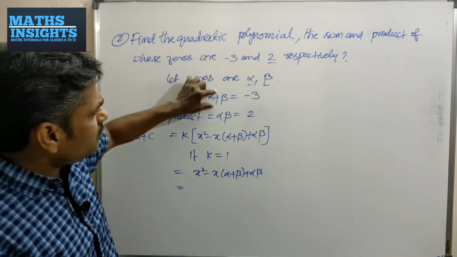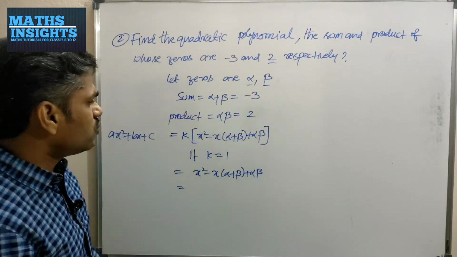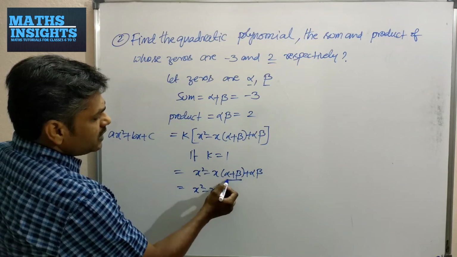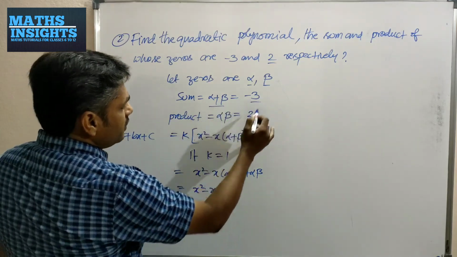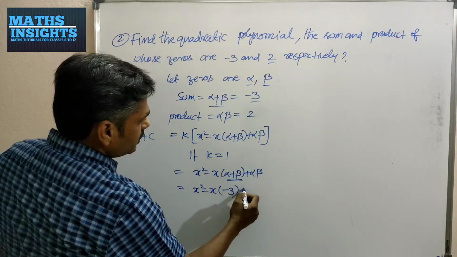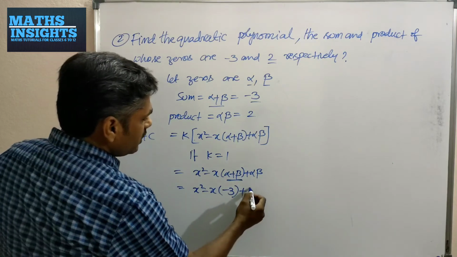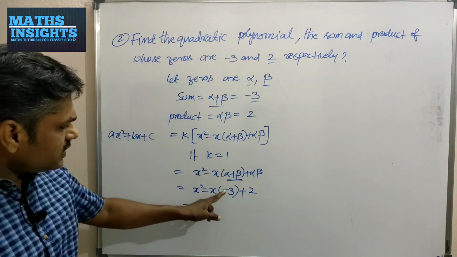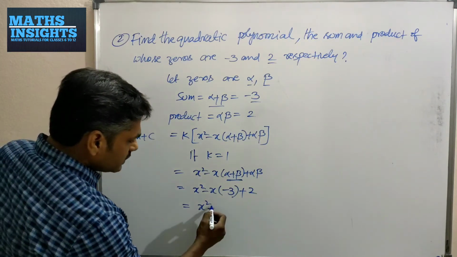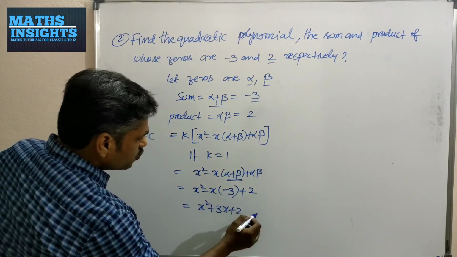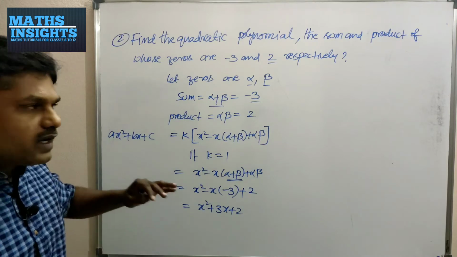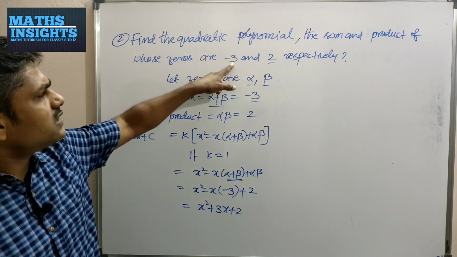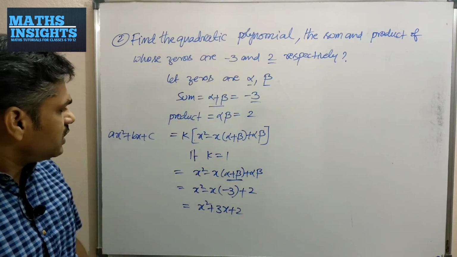Substitute the sum of the roots, minus 3, and alpha into beta, which is 2. So x square minus, minus into minus will become plus 3x plus 2. This is the quadratic equation whose sum of zeros is minus 3 and product of zeros is plus 2.